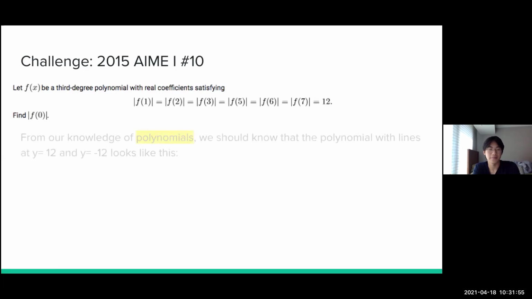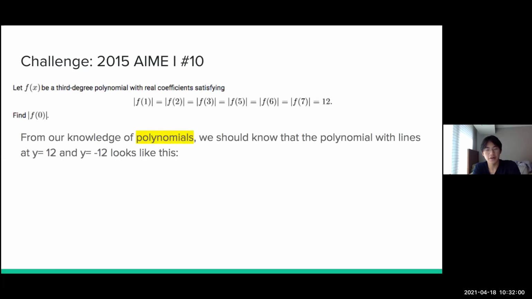And let's dive in. All right, from our knowledge of polynomials, we should know that a third degree polynomial with lines at y equals 12 and y equals negative 12, again, because we know the absolute value is 12, should look something like this.